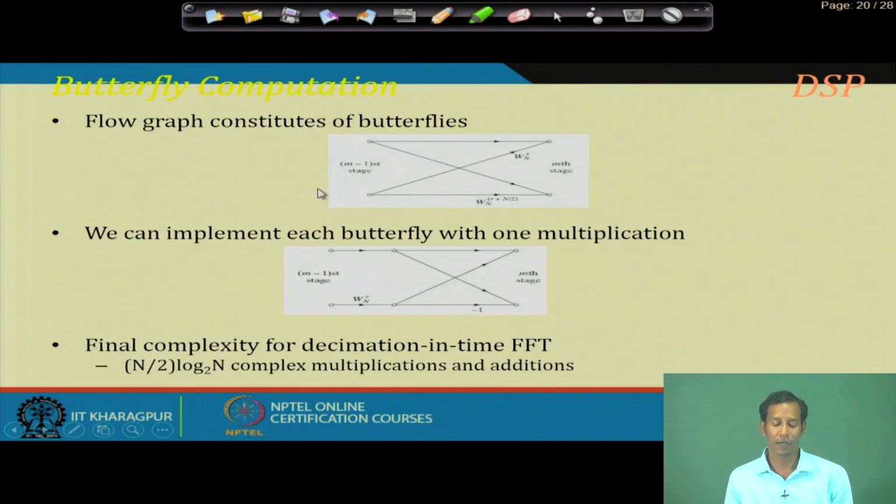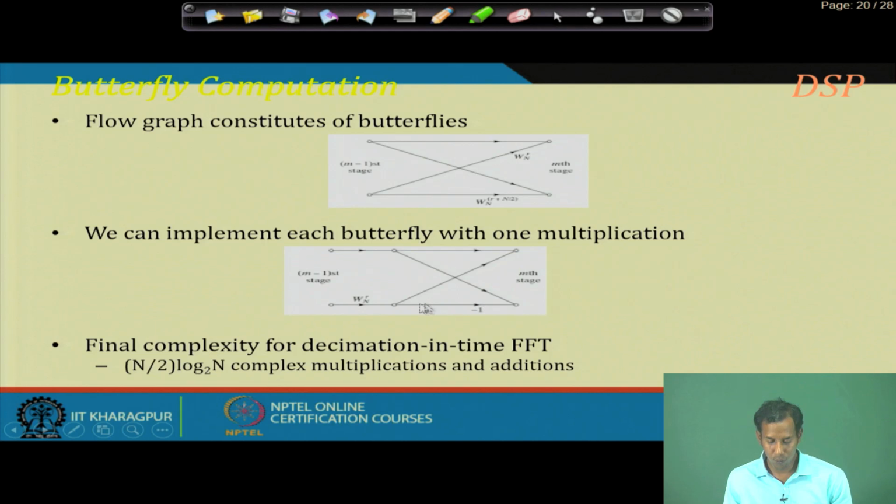Now, what is this butterfly computation? The butterfly computation generates from the (m minus 1)th stage, multiplying it with the corresponding twiddle factors to generate the next stage, which is the mth stage. In this upper branch, it has to multiply with W n to the r, whereas the lower branch has to multiply with the twiddle factor W n to the r plus n by 2.